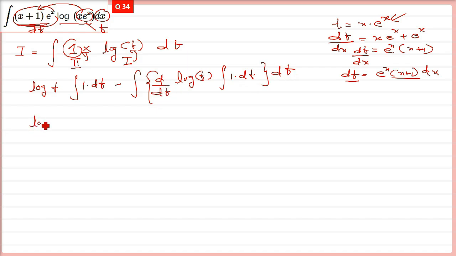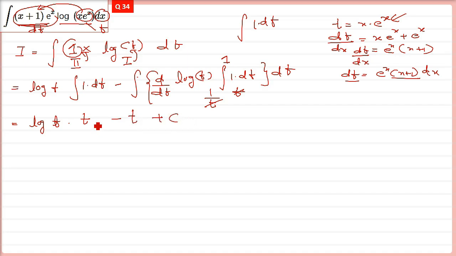So we have log t here. Integration of 1 dot dt will only be t, minus integration of differentiation of log t, which is 1 by t. 1 by t cancels with t. Only 1 will remain, so you are actually integrating dt here. 1 dot dt is integration of dt which will be t plus constant of integration.